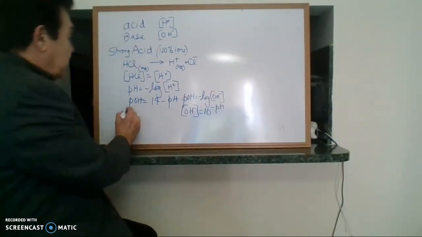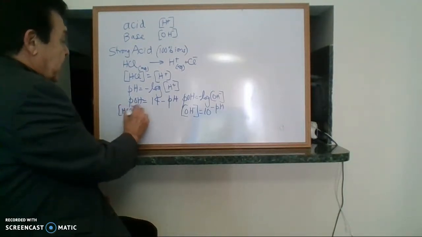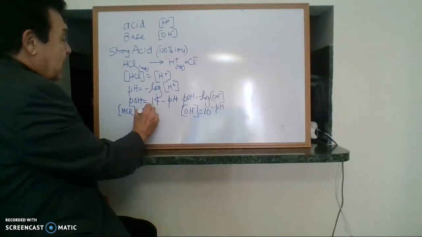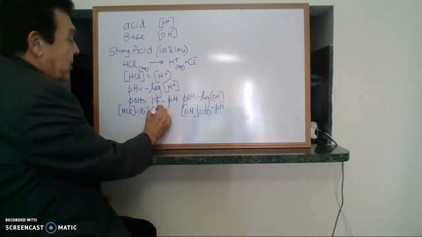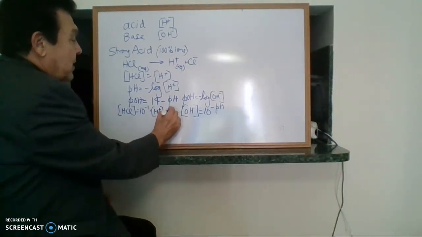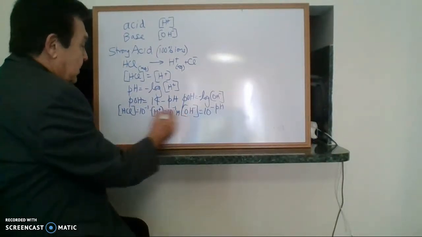If the concentration of the hydrochloric acid solution is 10 to minus 1, then we can say that the concentration of the hydrogen ion is also 10 to minus 1 molar.